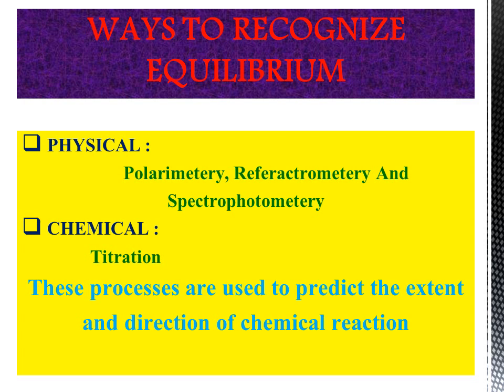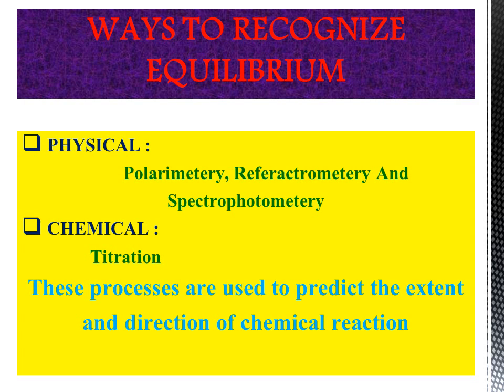As we have discussed in our previous lectures, we can find out the equilibrium in any chemical reaction through these processes. We can find out the extent and the direction of any chemical reaction, and the purity of any solution, through all these processes.